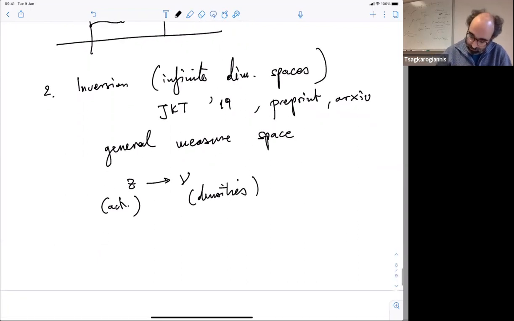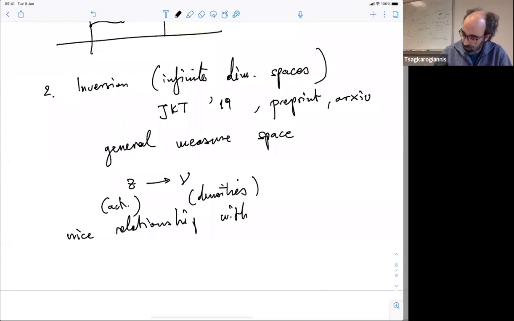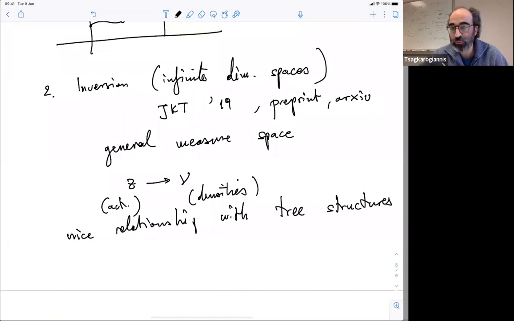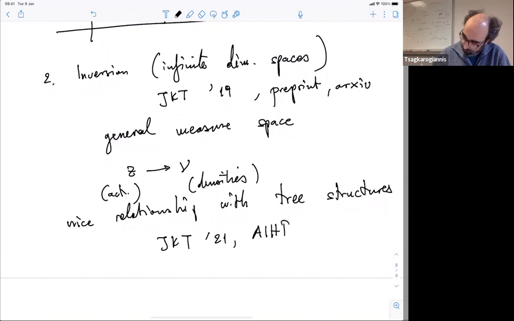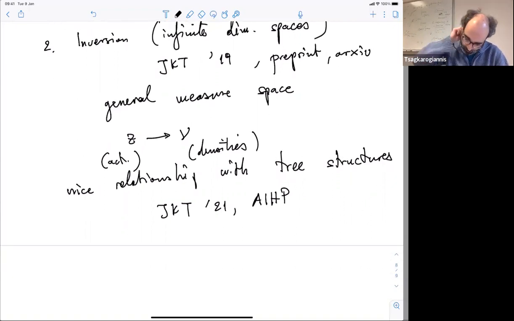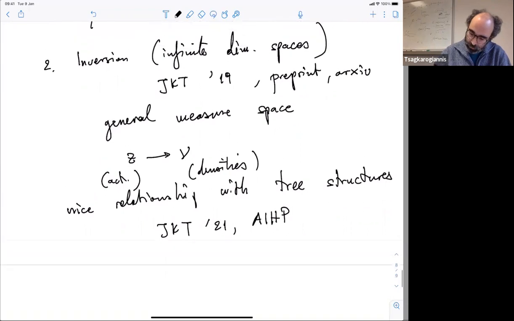But a key point is that there is a nice relationship with tree structures. And if you ask me the questions, I will tell you. We addressed that in a special combinatorial paper in Annales de l'Institut Henri Poincaré in 2021, again with Kuna and Jansen. So this has been published, you can find it there. So this is about the inversion.